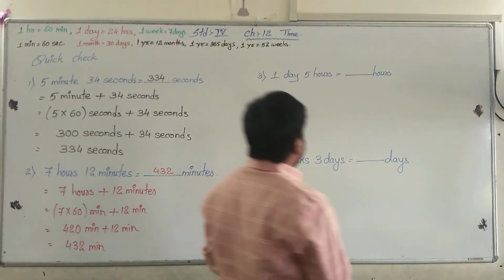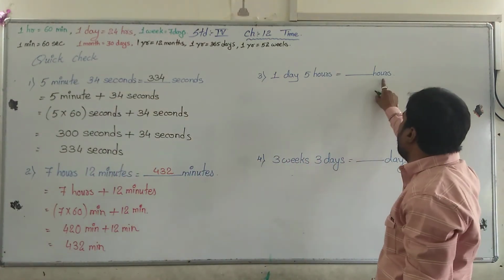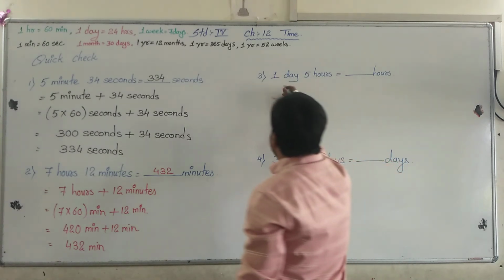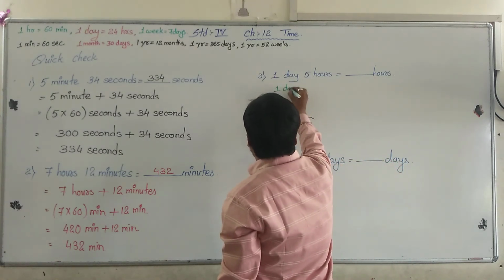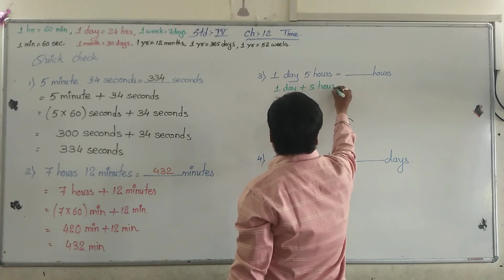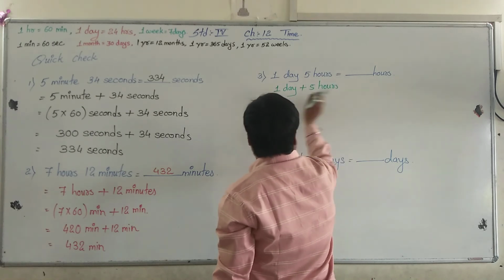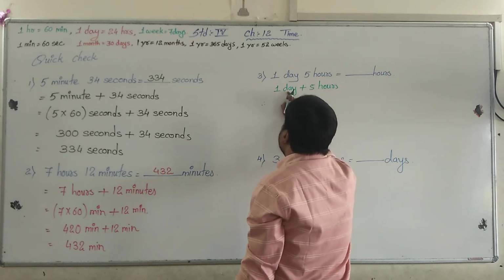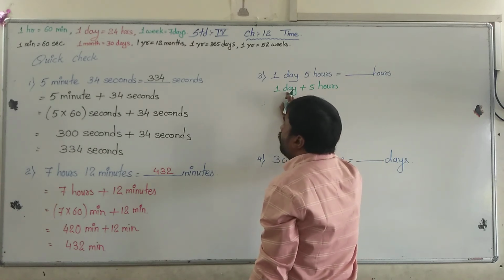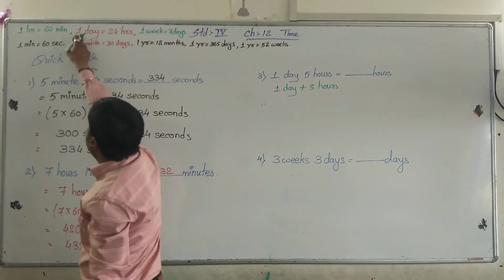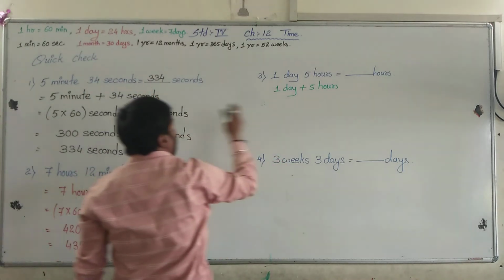1 day 5 hours is equal to how many hours? Now here you can see that again two conversions are there, so I am going to split that one: 1 day plus 5 hours. I want the answer in hours, so I have to convert days first. 1 day is how many hours? 24 hours.